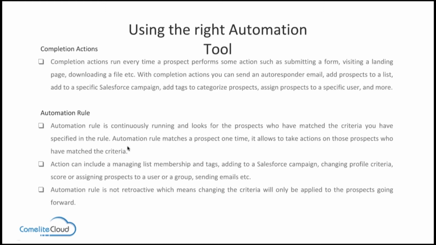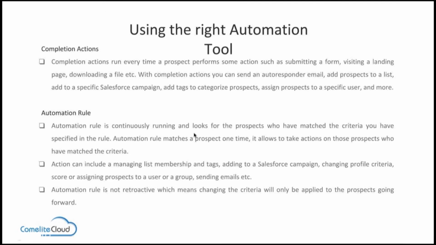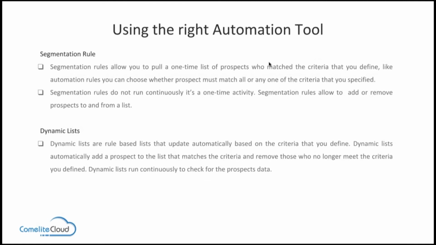Okay, so an automation rule has three steps. One is defining the automation rule, and there we need to define the rule criteria, when a particular rule will run. So we can say, okay, if somebody is from New York State, let's change their score. Changing the score is an action that we define on an automation rule.